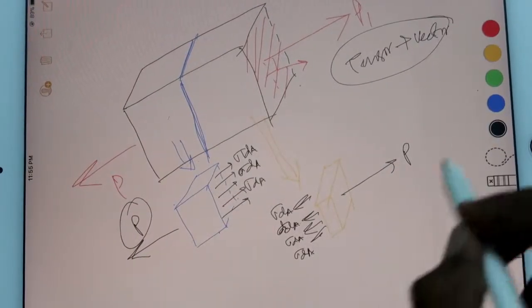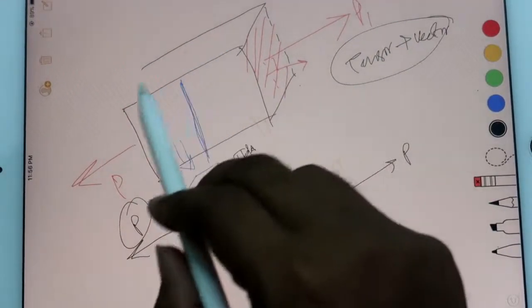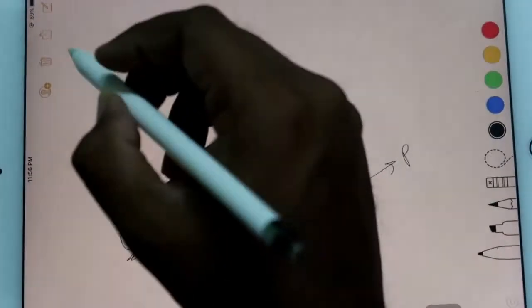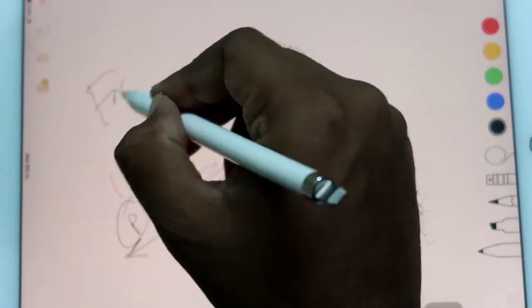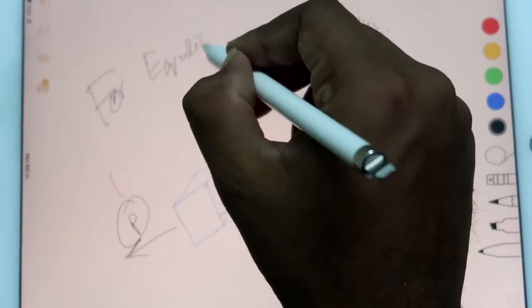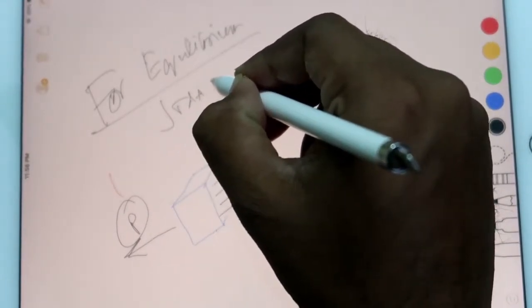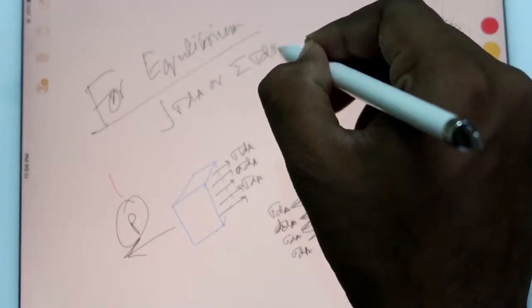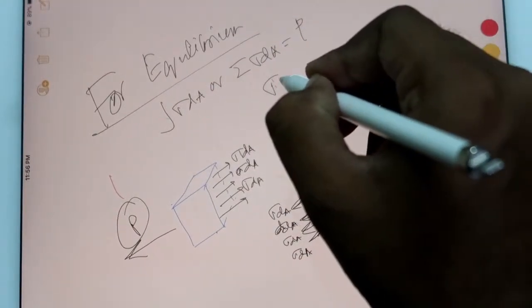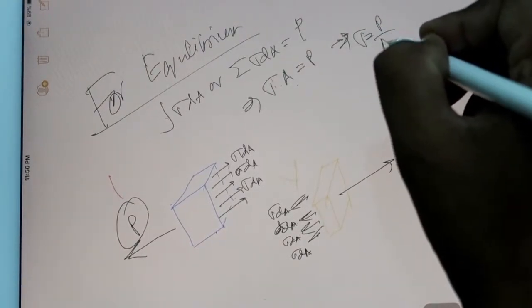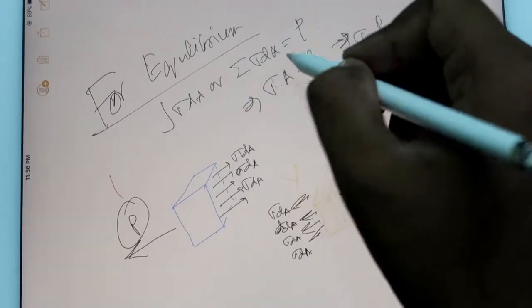So for equilibrium we can say the integral of sigma dA, or summation of sigma dA, both are the same, equals P. So summation of sigma dA equals sigma into area equals P. So sigma equals P by A. Why is the summation of dA equal to A?